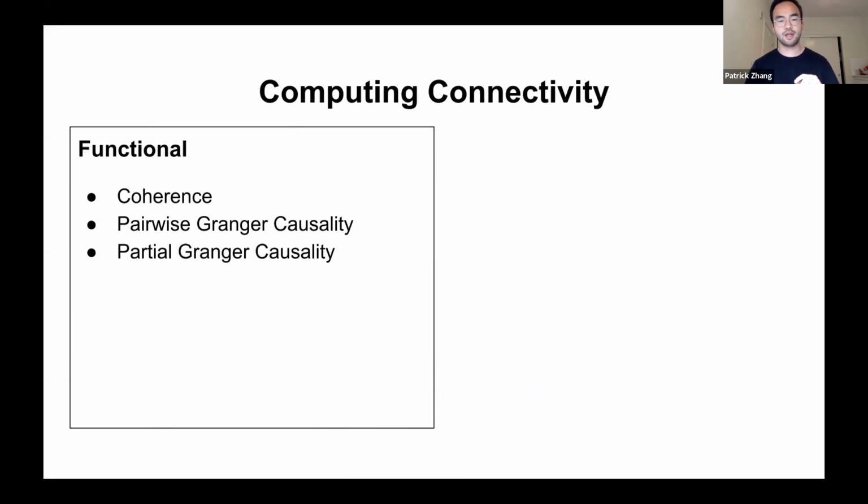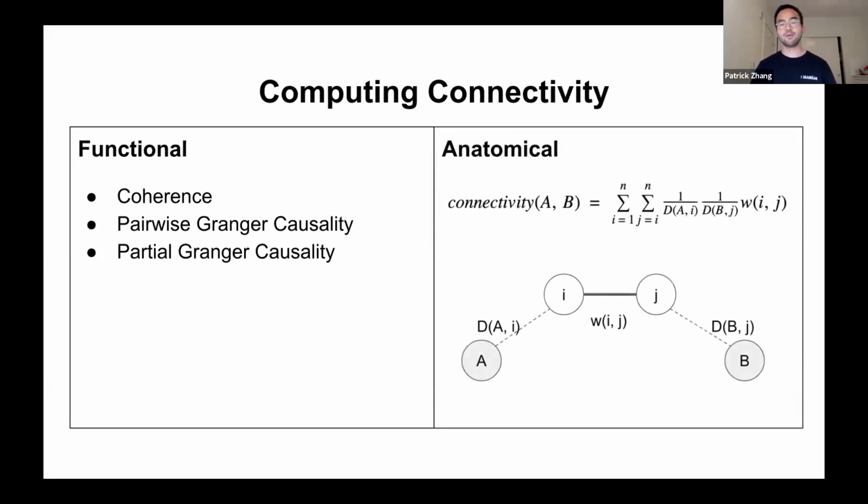So if we're interested in A's connection to B, it tries to account as much as possible for any other node C that could potentially be contributing to A and B's connectivity. And then for anatomical connectivity, the way we calculated this was by looking at all the synaptic weights in the model, inversely weighted by the distance from respective neurons to the recording sites.